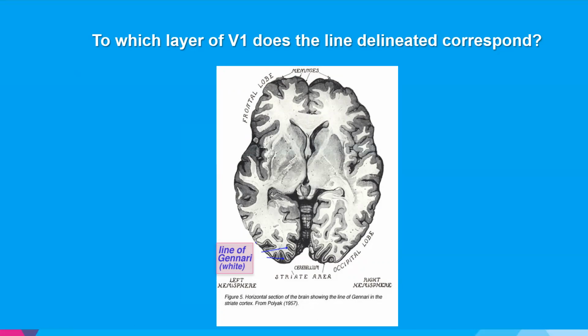Parvocellular? No. So it's not parvo or magno. Where do both parvo and magno end up, in what layer in the brain? If I were to ask you about the parvocellular pathway in V1, where does it terminate? You said it to me before, it's 4C beta, remember?